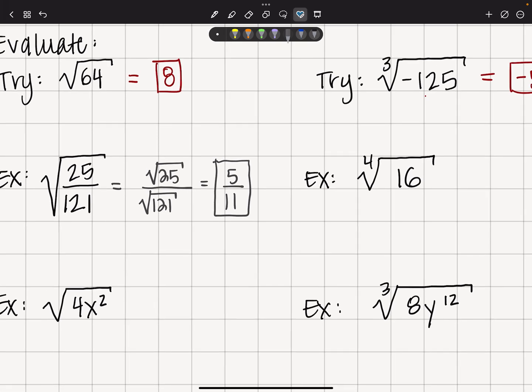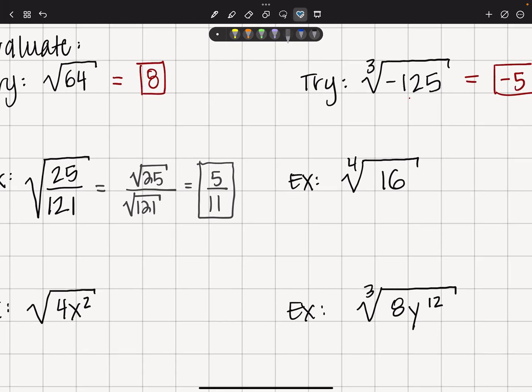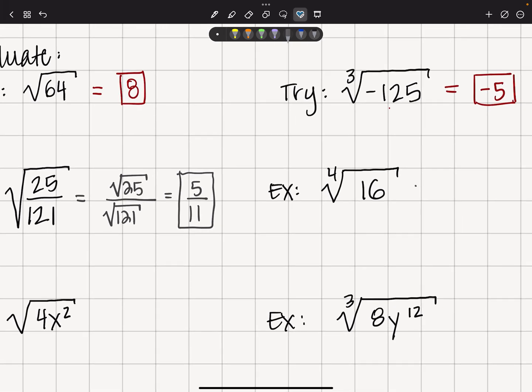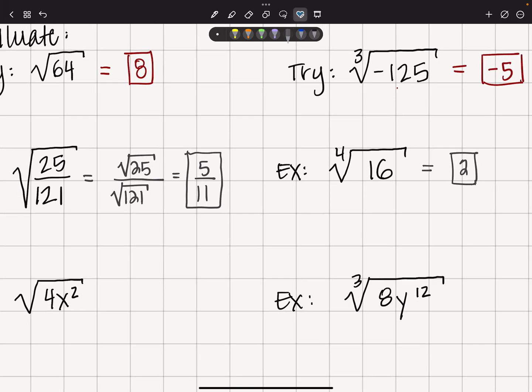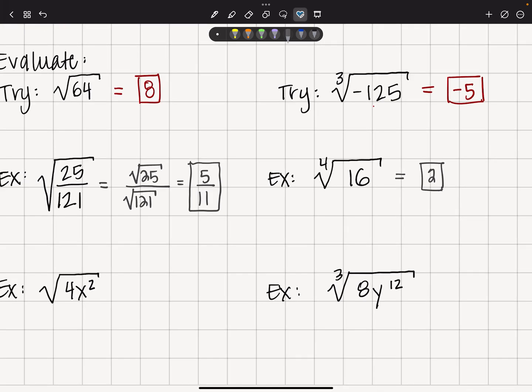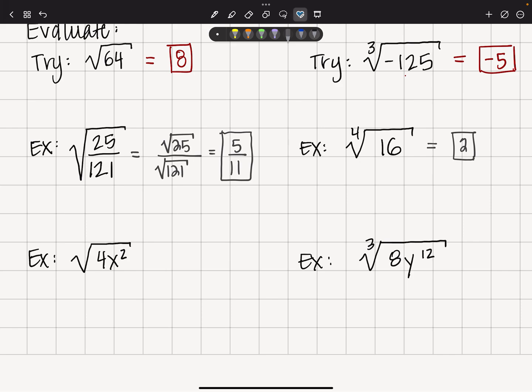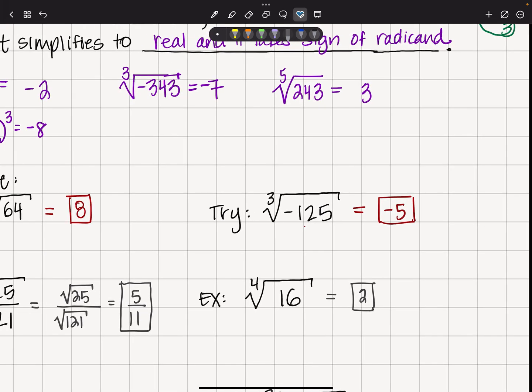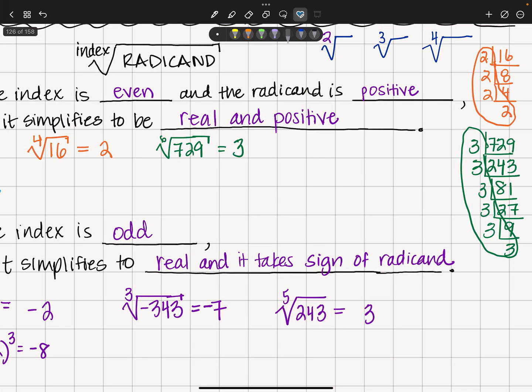Now the fourth root of 16. You might remember I've seen this one before, and saying, well, the fourth root of 16, what times itself 4 times is 16, and that's a 2. And this is where the exponent quizzes are really going to come in handy, because you should be able to recognize some of these numbers and be able to figure out the answer without having to break things down like I did up here.